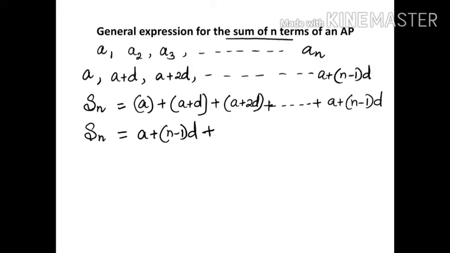What will be the second term? To get the next term in this AP, we added d to the previous term. So if I write the same AP in the reverse manner, then I need to subtract d to get the next term. So from this expression a plus (n minus 1)d, we will have to subtract d. So what do we get?